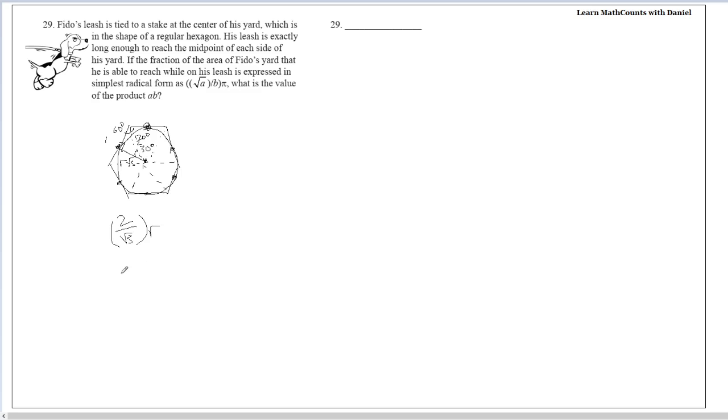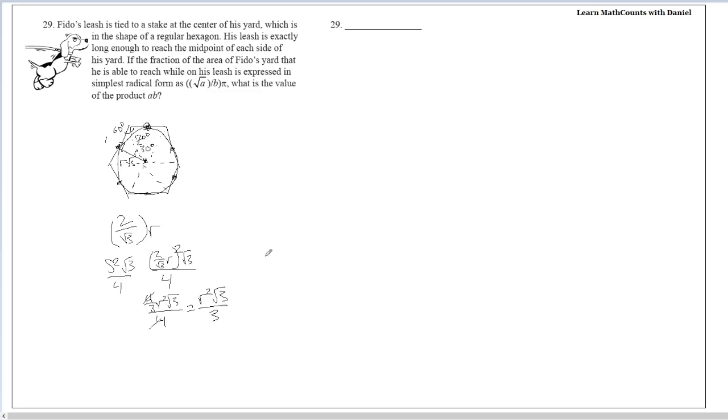The area of an equilateral triangle is s squared root 3 over 4, where s is the side length. Plugging in our side length, 2 over root 3 r, squared, times root 3 over 4, our area is 4 over 3 r squared times root 3 over 4, which simplifies to r squared root 3 over 3.